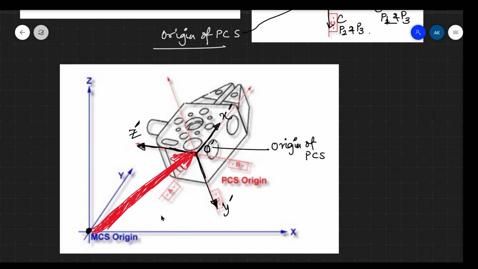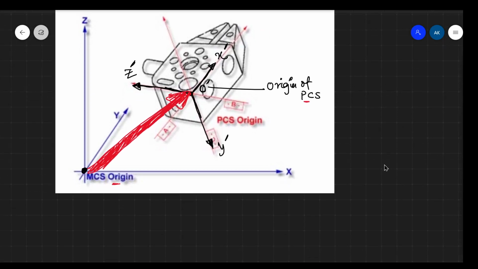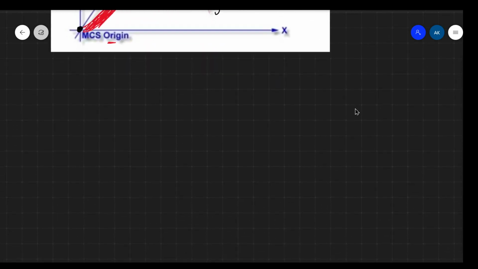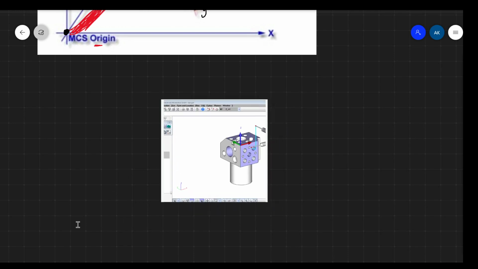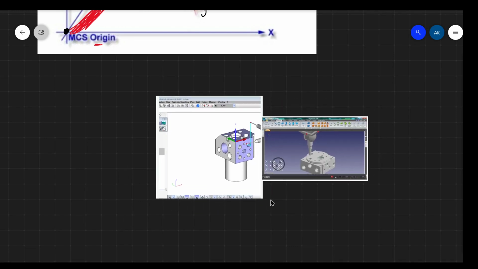So you can establish a relationship between the machine coordinate system and the part coordinate system, and then you can proceed with your coordinate measuring machine. I will show you some examples of how it looks in the software. I have some images of real-time jobs which we have done a couple of times.